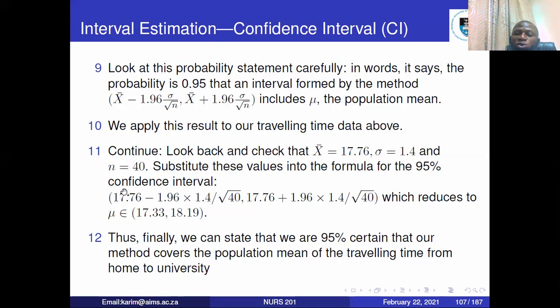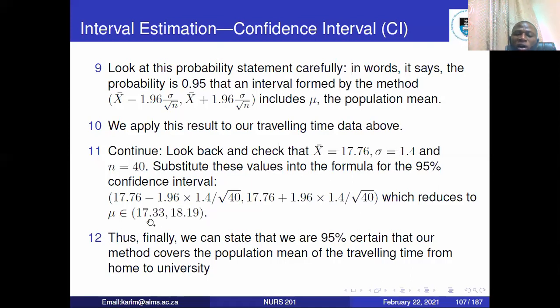So we substitute that. We have 17.76 minus 1.96 multiplied by the standard deviation, which is 1.4, divided by square root of 40. Then you do the same for the other side, but you add. And when you solve that, you are going to get 17.33 and then 18.19.